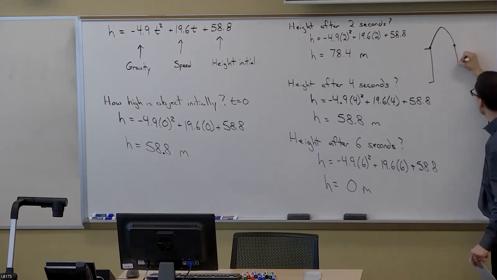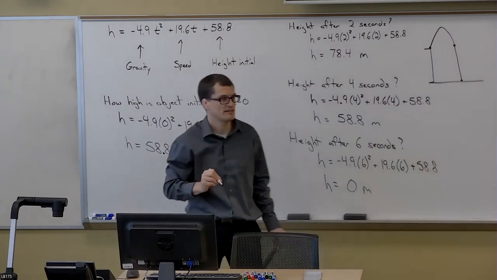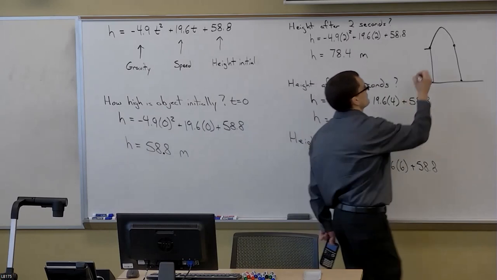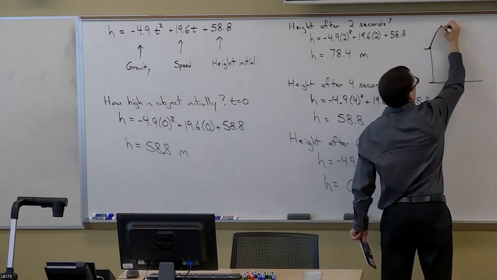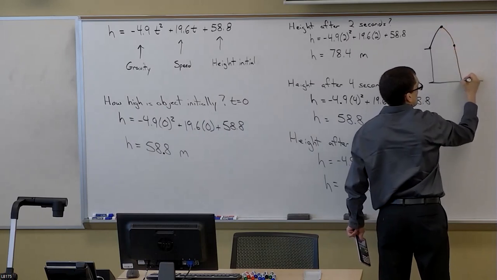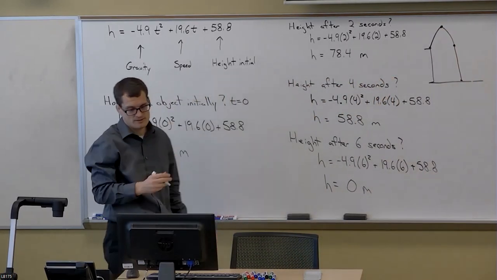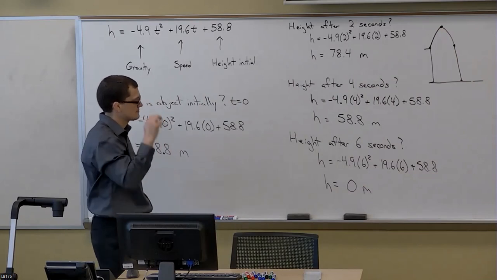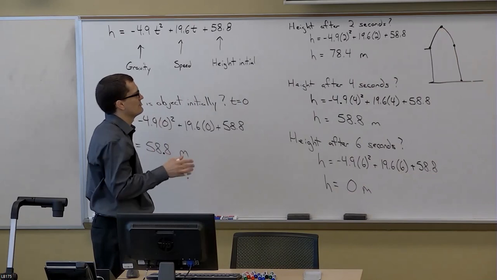And then eventually comes and hits the ground, right? So that's what's happening. So the first 2 seconds goes up, next 2 seconds going back down, then after 2 more seconds, it's hitting the ground essentially.